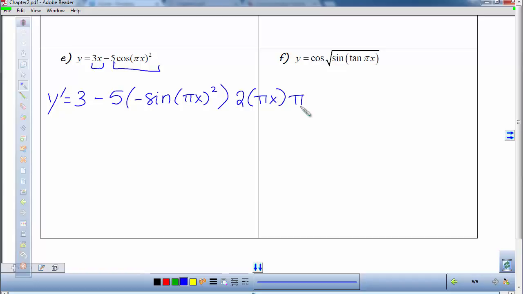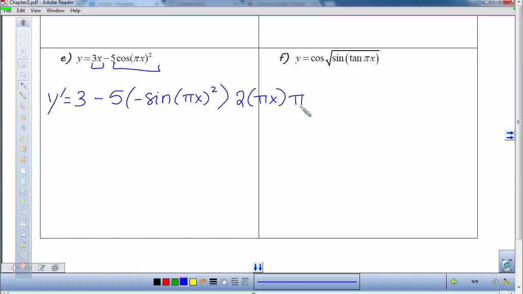Questions about this? So this time is different from the previous one we did because it's not parentheses all around. For a 3x, you treat everything as individual. Right, it's just a separate term. We've dealt with that before.